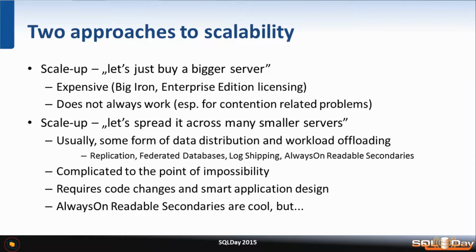And the problem with scale up is that we still keep everything in one basket. It's still a single instance, still a single server. So if our problems are contention related, it's not going to get better at all.